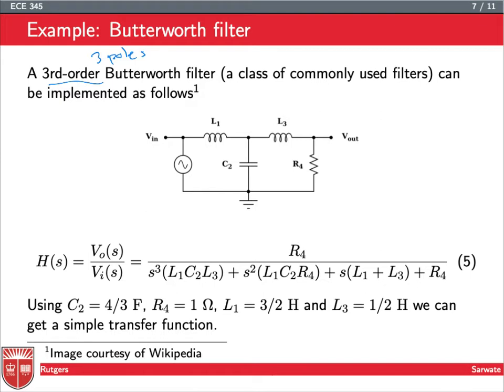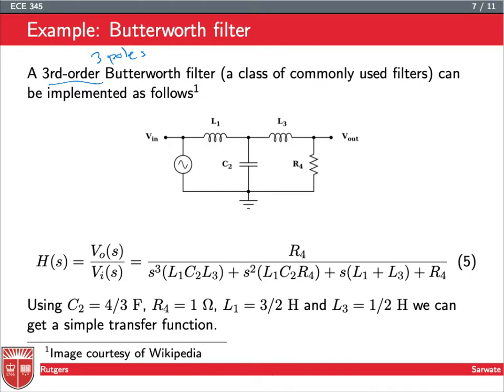And if we write out the transfer function of this circuit, as you would, for example, in your circuits class, using the impedance method, we can come up with this transfer function. You get R over s cubed, s squared, and s, and then we have this constant term, the resistance as a constant over here.